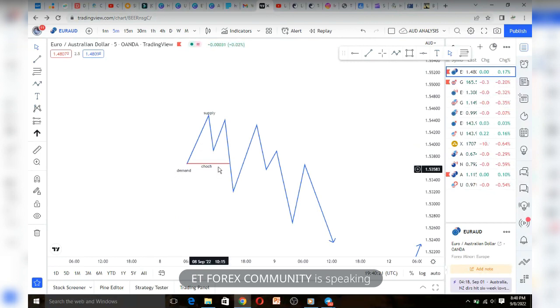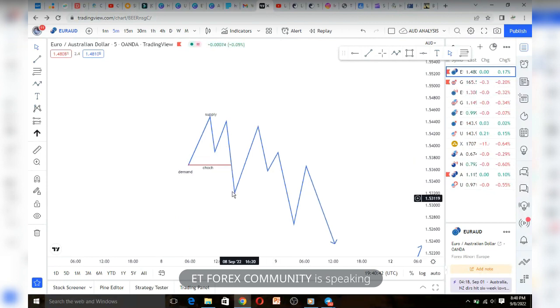The reason it's a change of character is because the price before was moving up, but now the current price has broken the previous demand level. So it's giving us a clue that the market wants to change from an uptrend towards a downtrend.